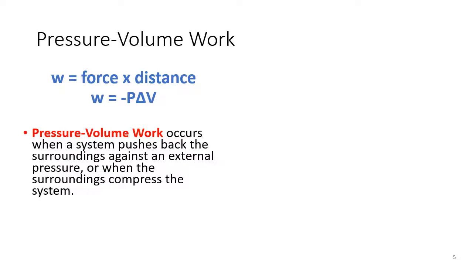This is usually only relevant in reactions where there is a large change in the moles of gaseous reactants to gaseous products. Work is equal to a force times the distance. We could calculate the work by taking the negative of the external atmospheric pressure, or P, times delta V, the change in the volume of gases, where delta V is equal to V final minus V initial, or some final volume minus some initial volume.